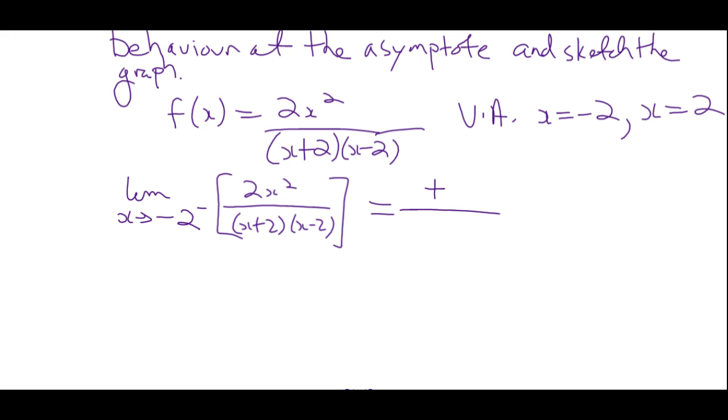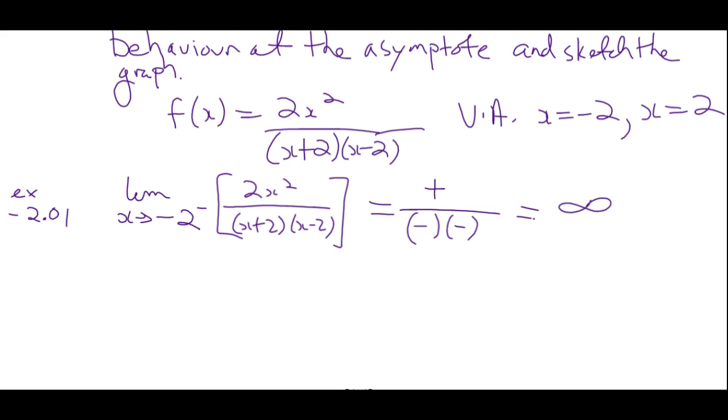Now let's pick a number, for example negative 2.01. We're approaching negative 2 from below, from the negative side. What's the sign of x plus 2? We're adding 2, so we get a small negative. And x minus 2 is negative 2 minus 2, also negative. So we end up with a positive over positive, which is positive. Since this term is going to 0, we end up with positive infinity.